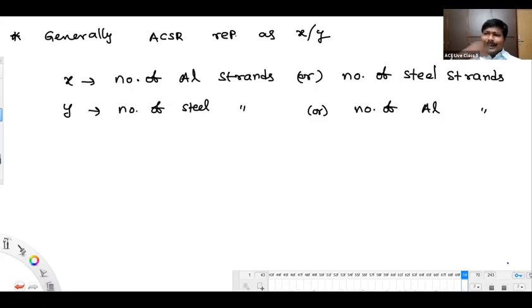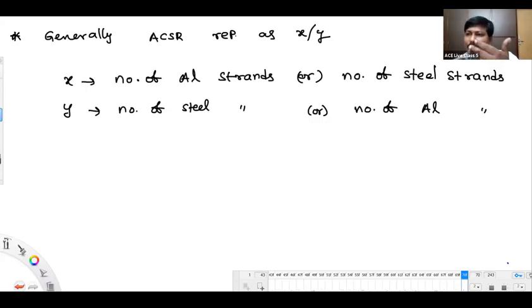So alternately, for example, if X is saying aluminum, Y will tell about steel. If X is saying steel, Y will tell about aluminum. That's a way of understanding. If one number says aluminum, the other number will say definitely steel.